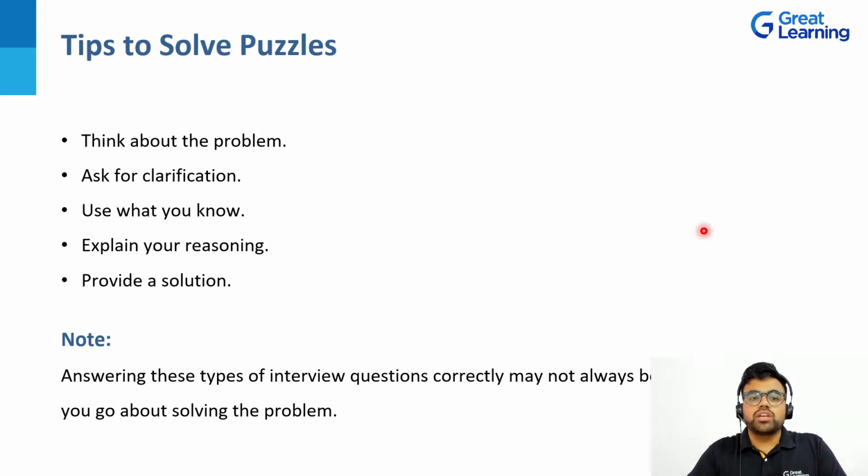Then explain your reasoning. Now, why did I mention this particular point, explain your reasoning? There may be a situation, no one can be 100% confident in solving puzzles, because you have to practice a lot and lot and lot, and there is no limit to solving puzzles. So if you are explaining your reasoning confidently to the interviewer, then the solution that comes at the end carries less weightage.